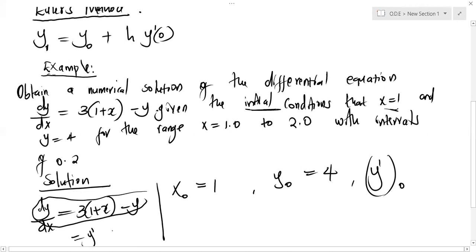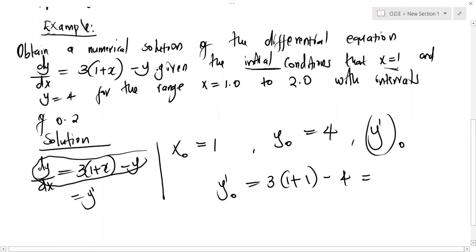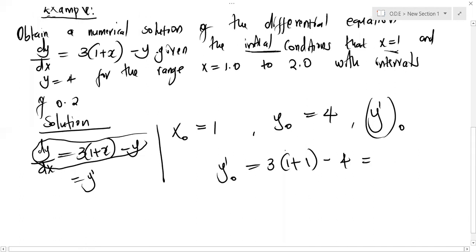So y prime naught is at x naught. Basically, you're replacing the value of x with 1. So y prime naught will be given by 3 into (1 plus, what is x naught? x naught is 1, minus y naught). y naught is 4. So evaluating that, we get that our y prime naught is what? That will be 3 times 2 minus 4, which is 2. Our y prime naught is 2.